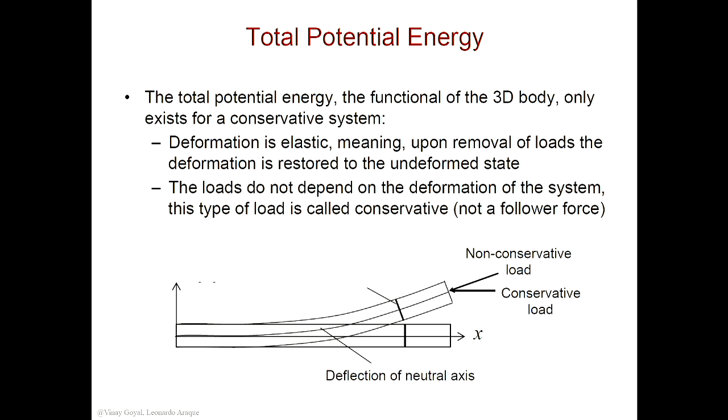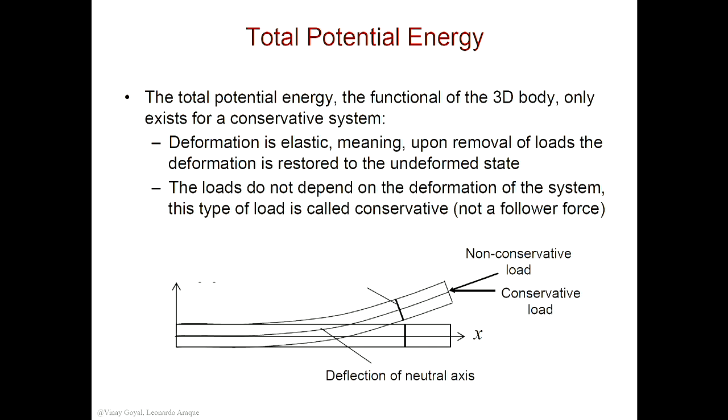The second case is that when I apply loads, the loads are not follower forces. What I mean with that? So if in this case I have two beams, the beam in the deformed state, right, and the beam in the undeformed state. And if I apply a load in the x-axis in this direction, and the beam deforms, but the load continues to act in that direction, doesn't matter what happens to the beam, you can see here that basically the load direction is not changing and the load is not depending upon the deformation.